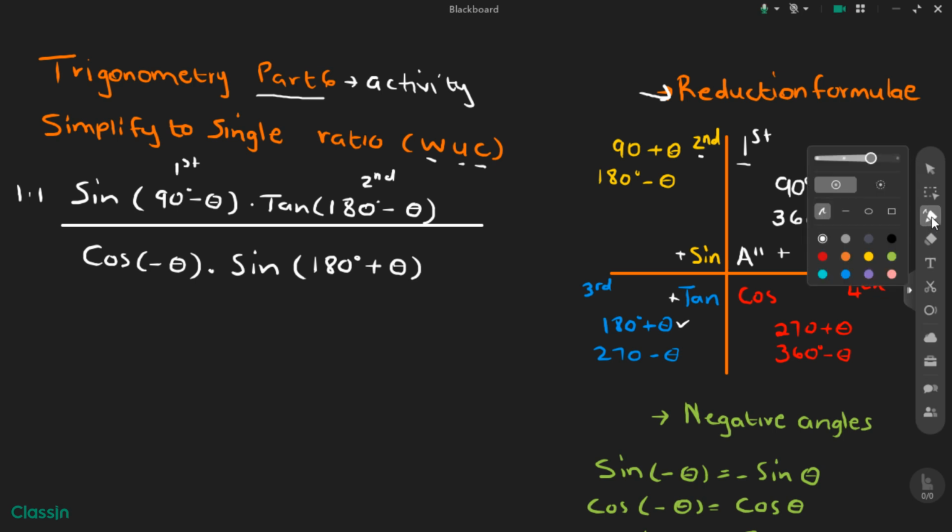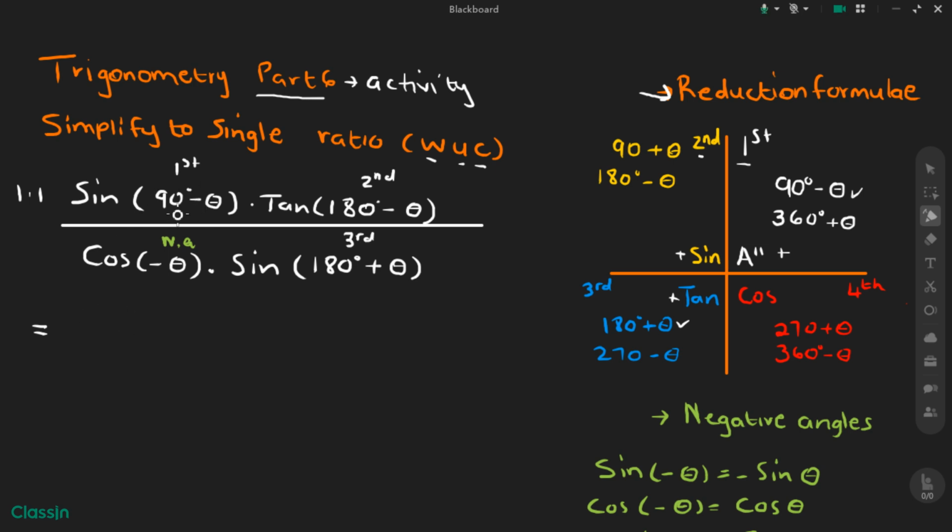Negative theta does not fall in any of the quadrants, but this one is a negative angle. Now we also have 180 plus theta. So what about 180 plus? It's here, in the third quadrant. Okay? So now we proceed with answering the question.